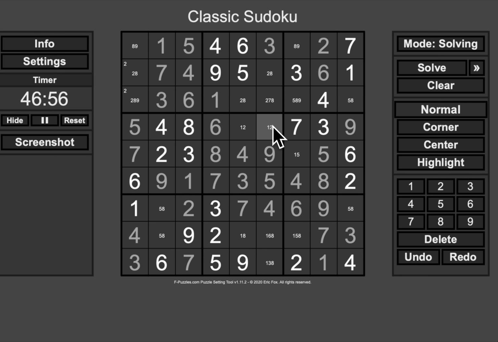Let's see, I believe that's right. This is 1, 5, 8, and 9 in some fashion. Let's see, that's a 5, 8.